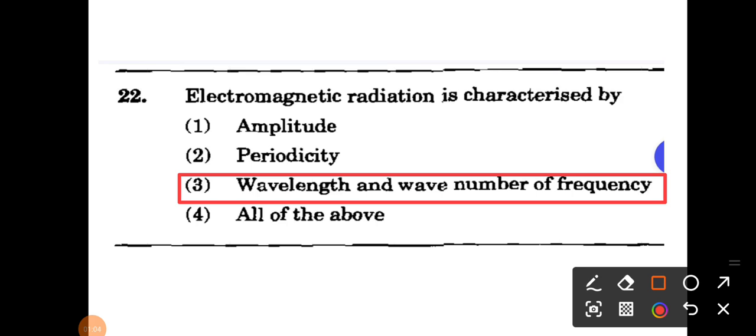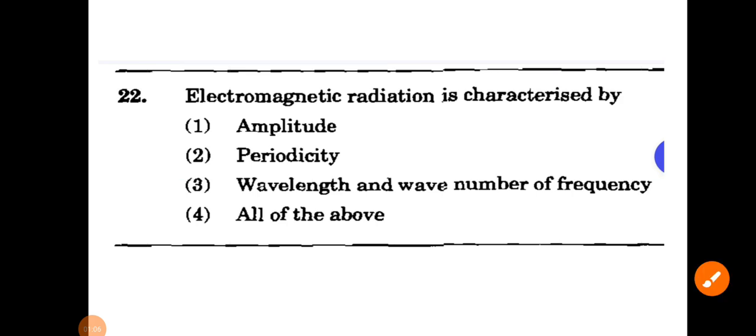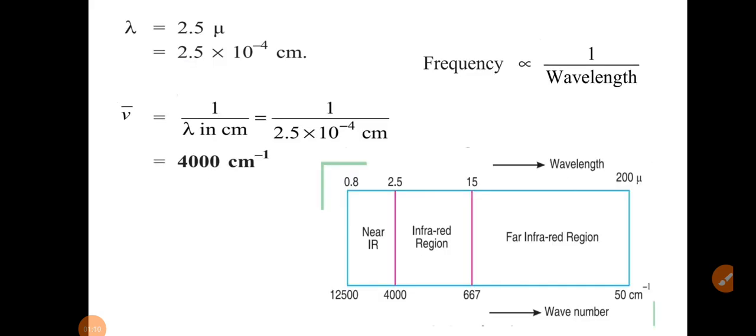We will discuss how the wavelength, wave number and the frequency are correlated. For example, lambda is your wavelength and mu bar is your wave number. Suppose 2.5 micron is your lambda, so that is 2.5 into 10 to the power minus 4 centimeter, because a micron is 10 to the power minus 4 centimeter.